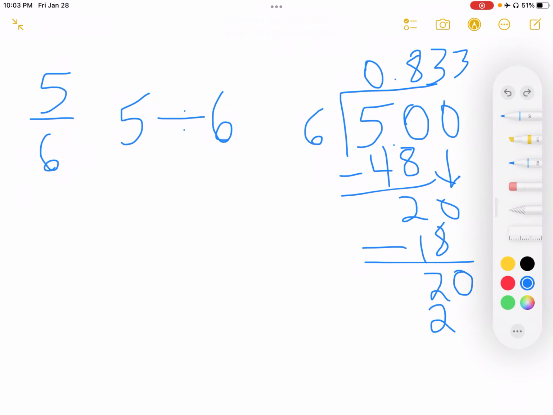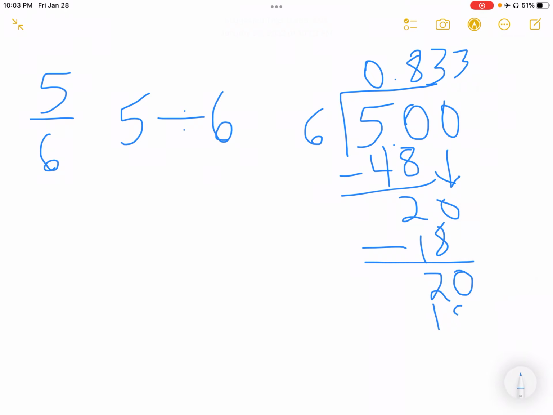So if we keep drawing this out, I keep getting 2 for my remainder, and then I'm going to keep getting 20 here. So this 3 just keeps on repeating itself. In this case, this one's a little bit more complicated, but you can see this 3 keeps showing up.